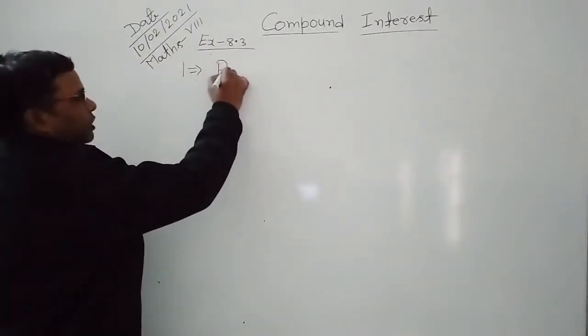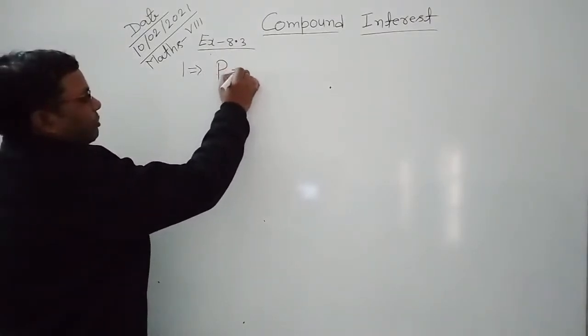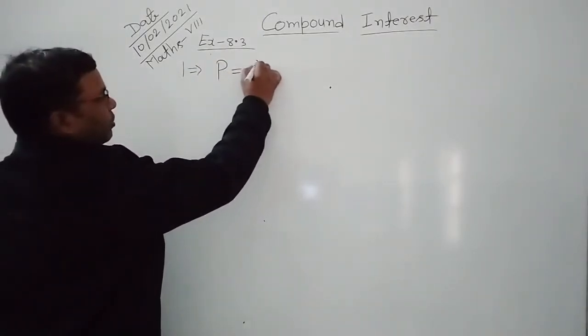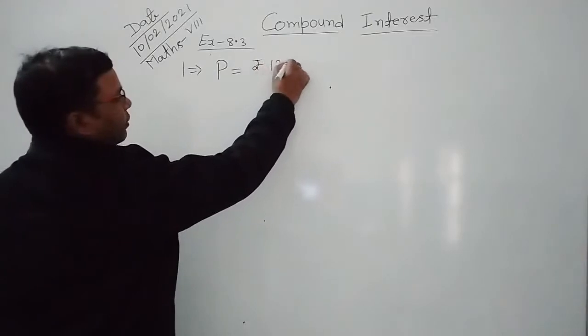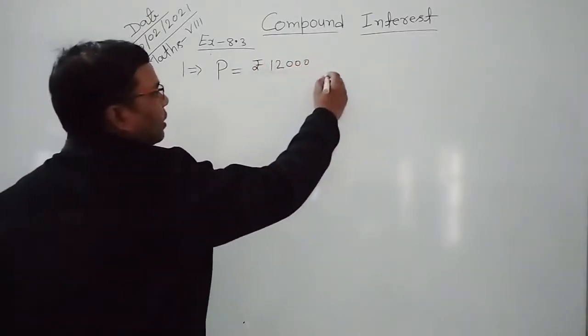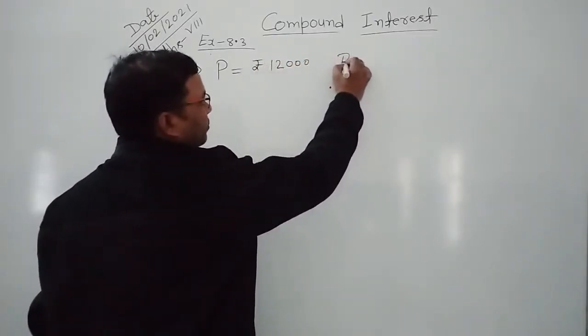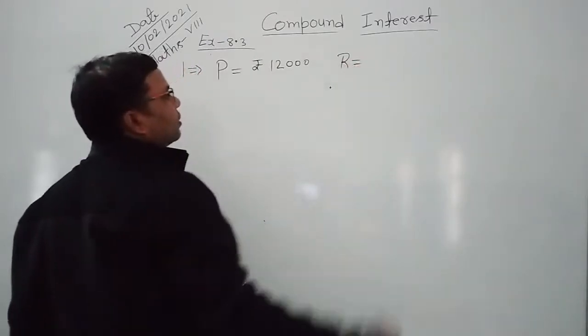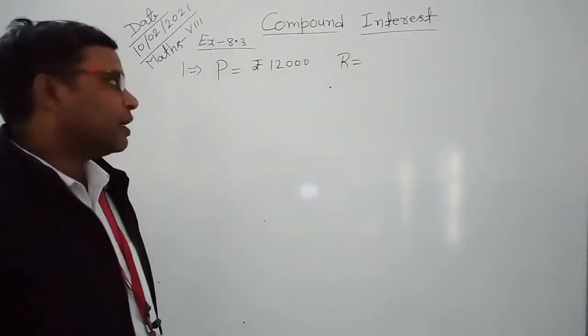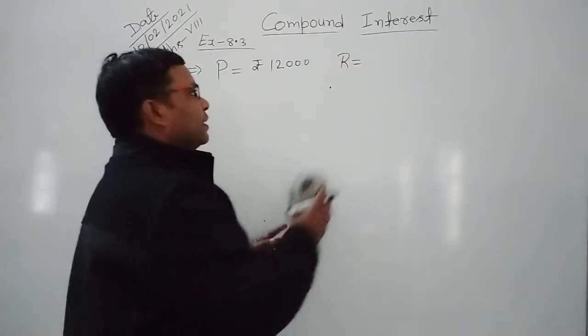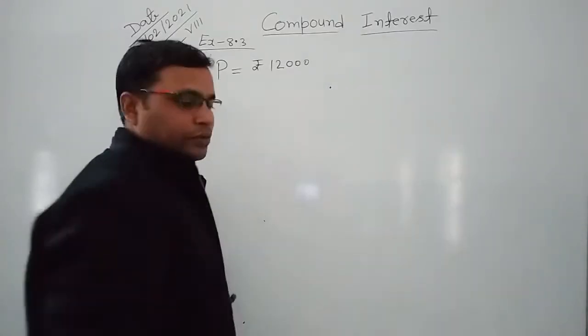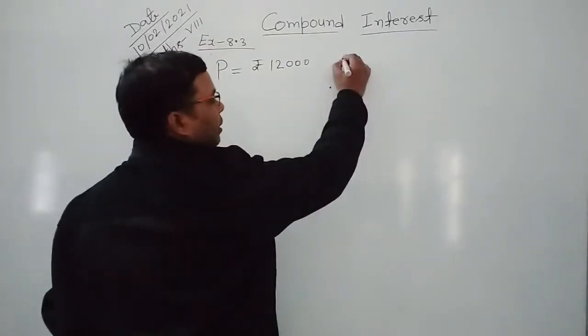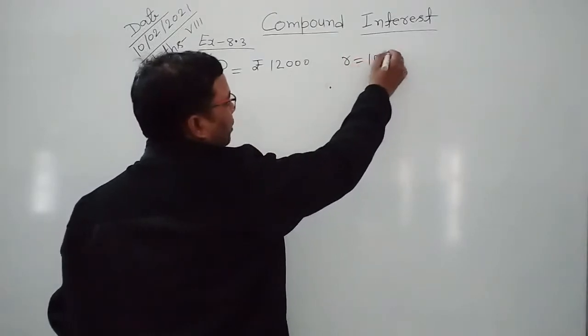You write here principal, represented by P. This is given 12,000. Clear? The rate is given here, R. So you can say small r is 10%.